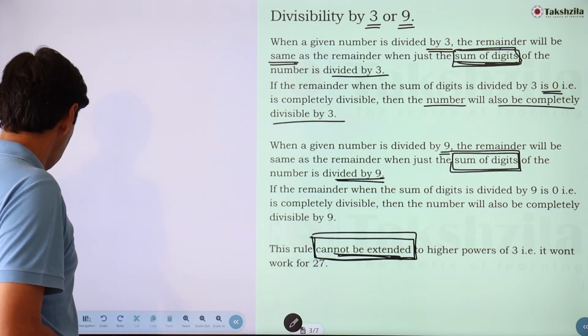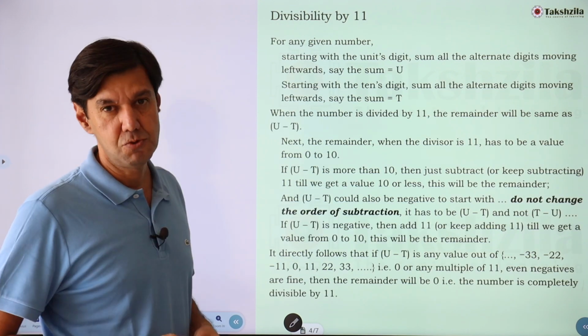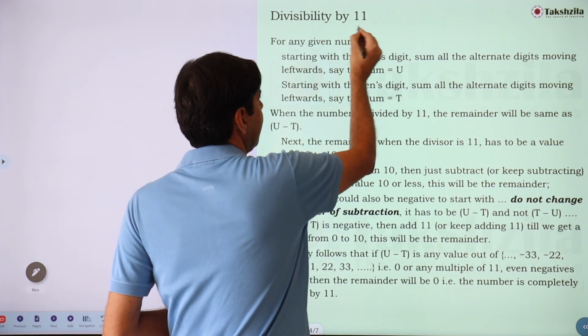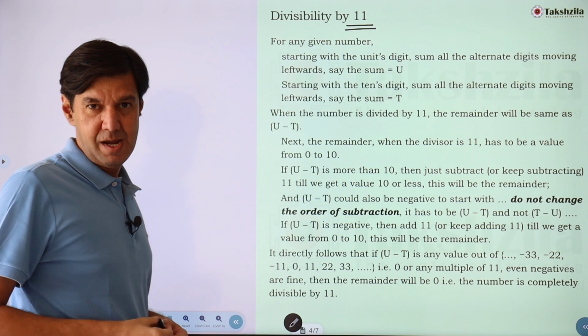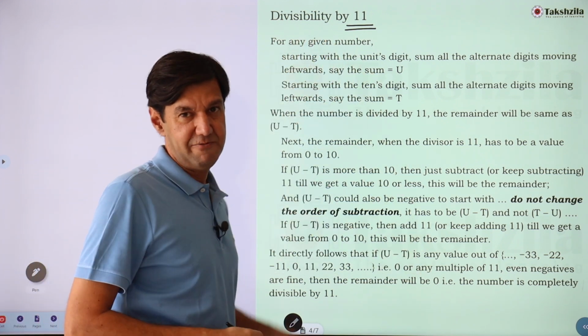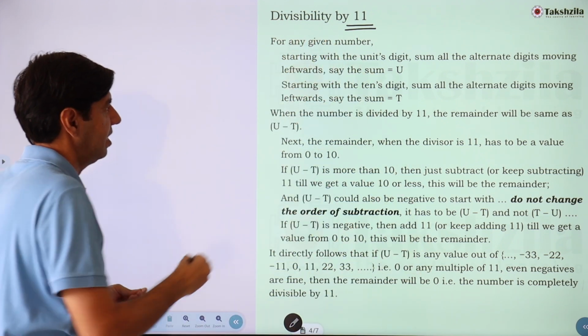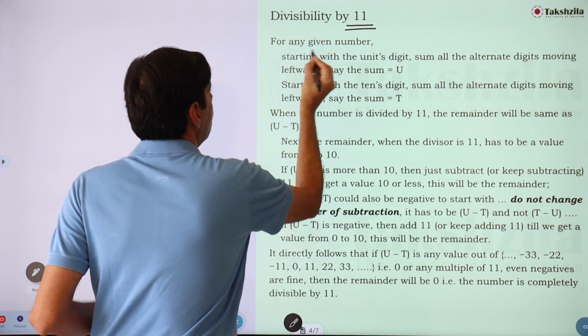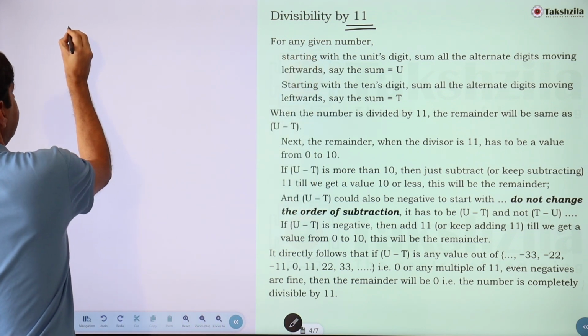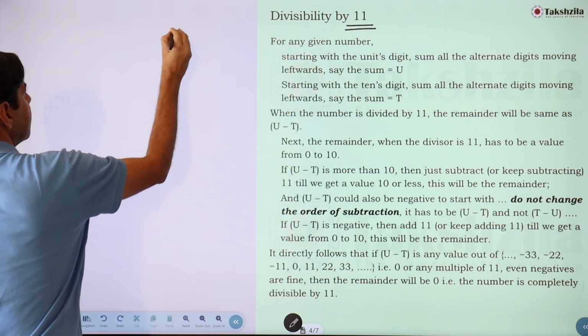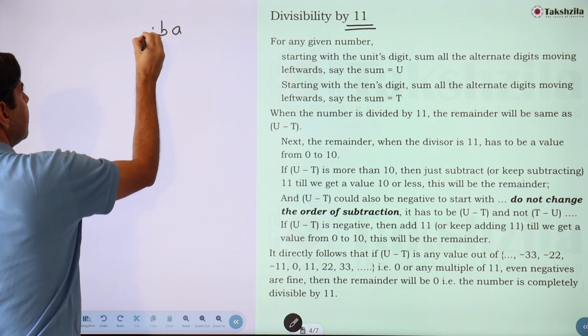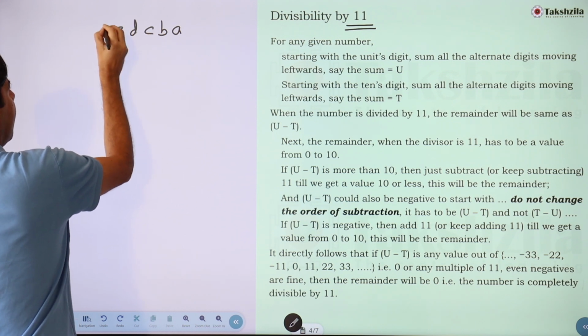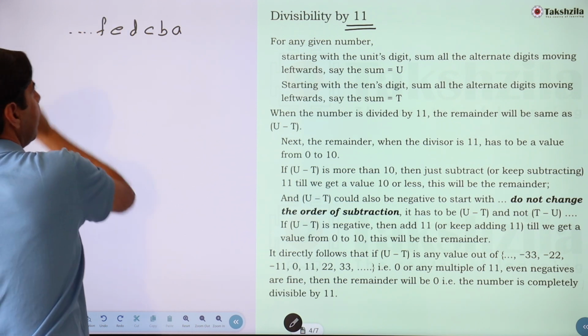Okay. So another rule that we use is divisibility by 11. So there are questions on divisibility by 11 also. We'll quickly move to the questions. Let's wind this up. So what we do over here is, if we have a number, so let's say the number is A, B, C, D, E, F, and it could be anything.